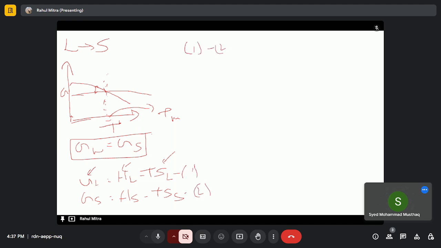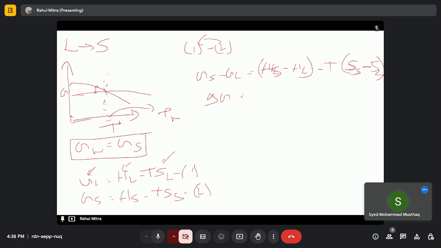If I do 2 minus 1, then GS minus GL equals HS minus HL minus T times SS minus SL.